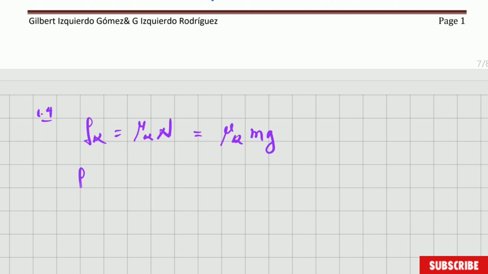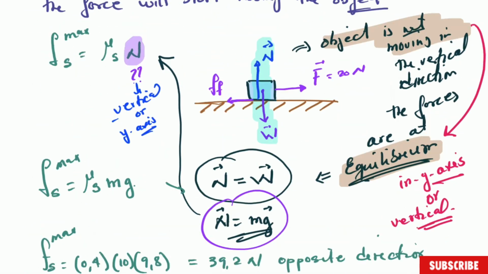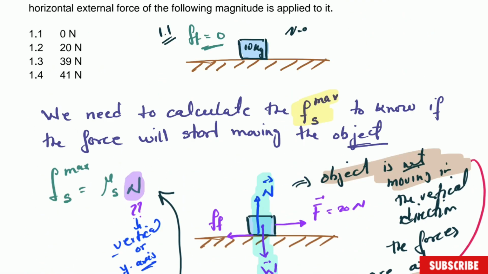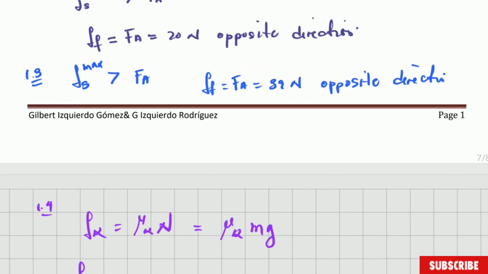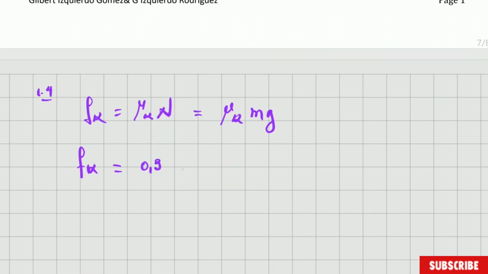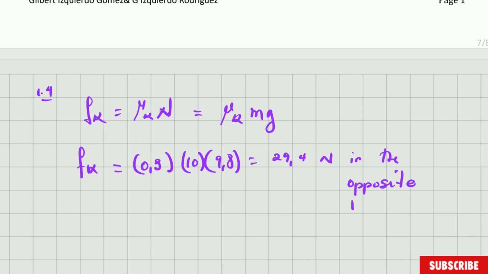Okay, so the kinetic frictional force is equal to, I think it was 0.3, multiplied by the mass, which is 10, multiplied by 9.8, and we get 29.4 Newton in the opposite direction.